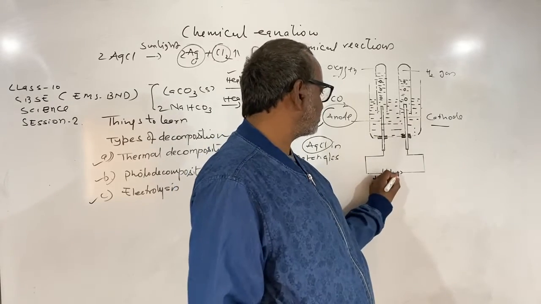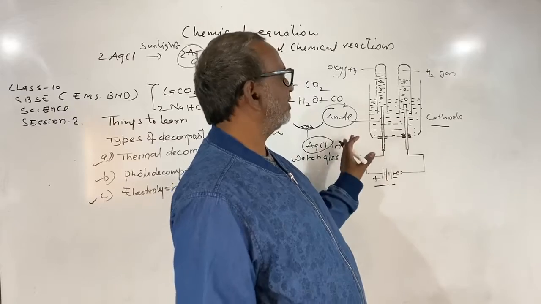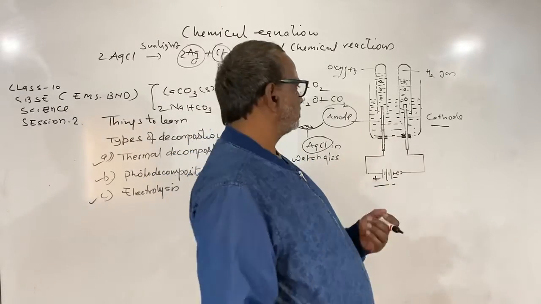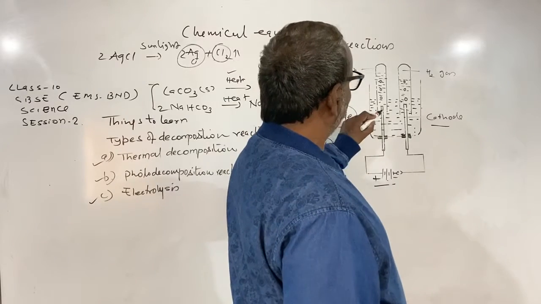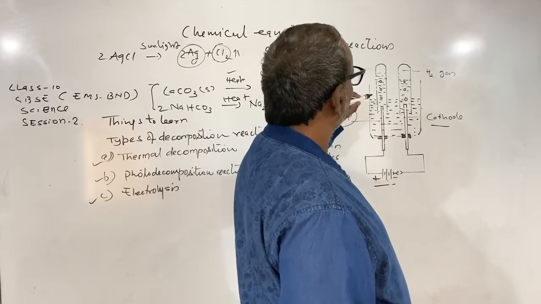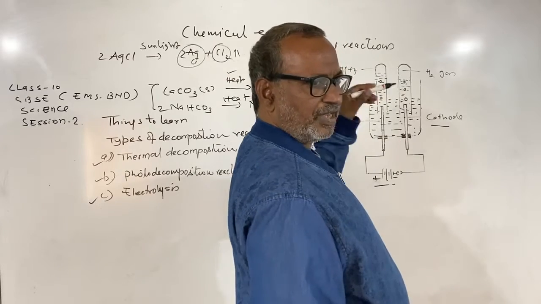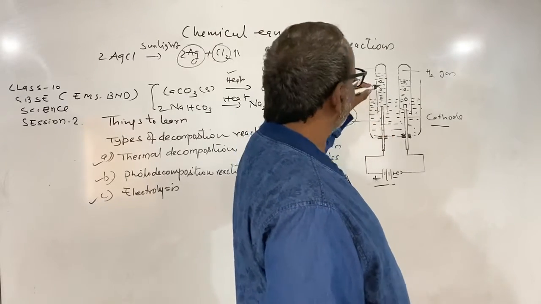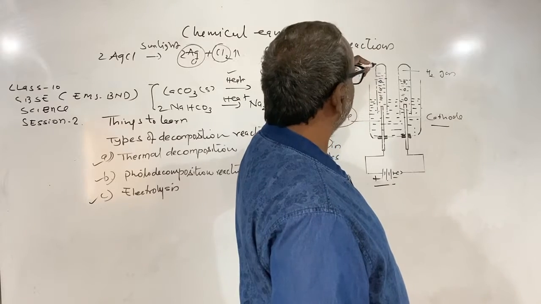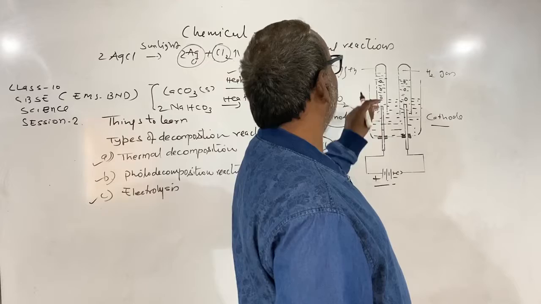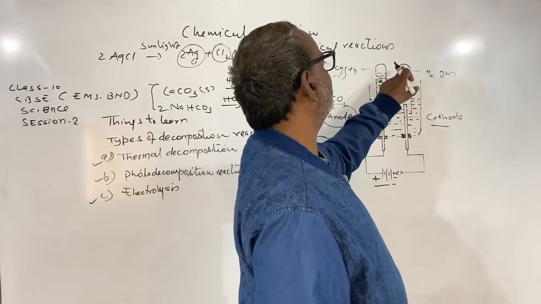Now switch on the battery and leave the apparatus for some time. You will observe that at each electrode, bubbles of gases are coming and they rise through the water and displace water in the test tube and collect at the top of the two test tubes.